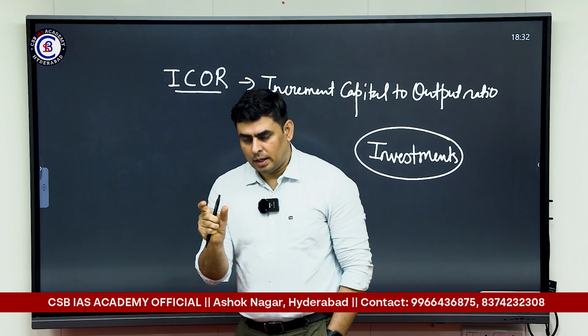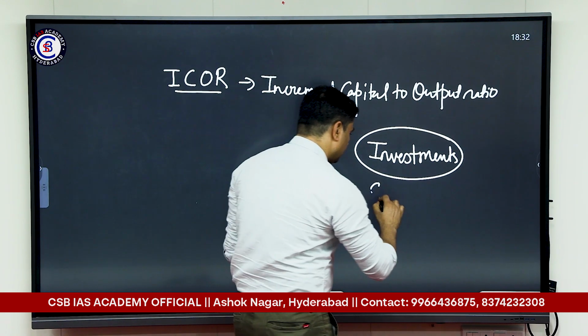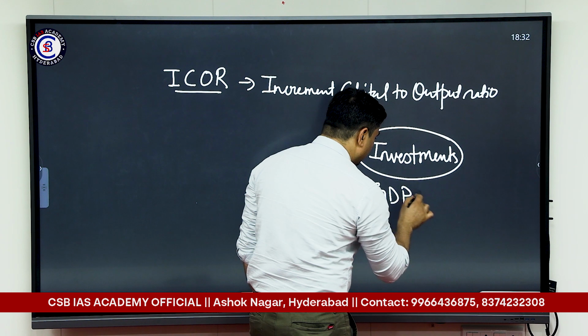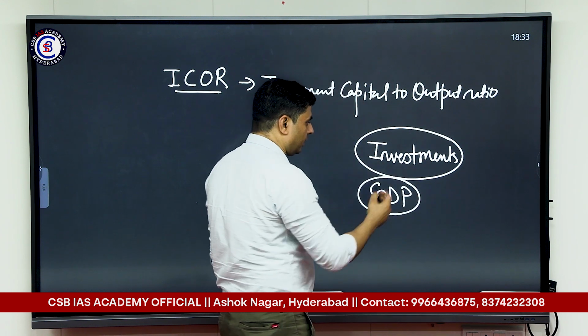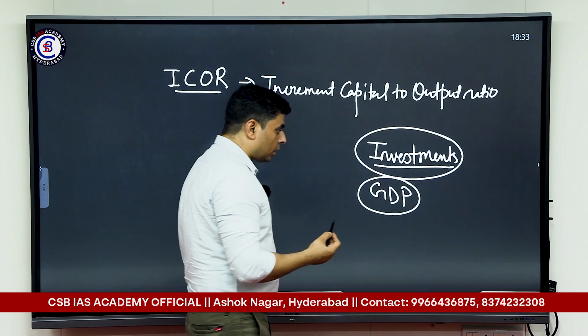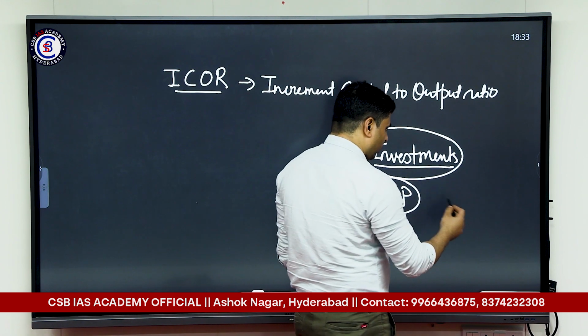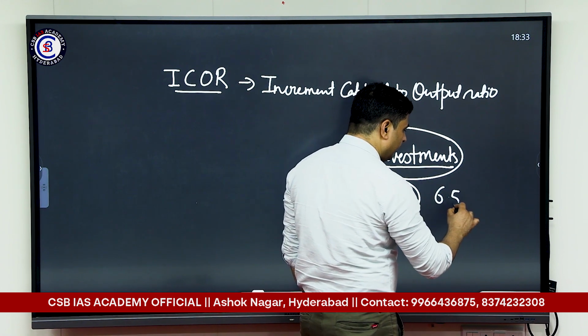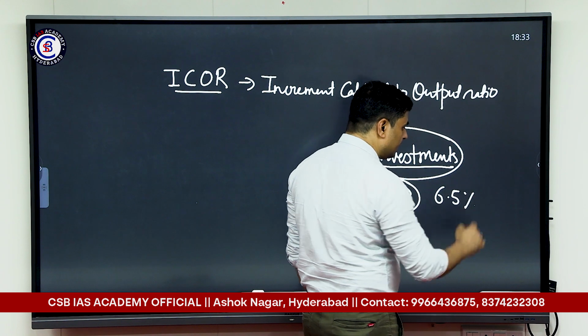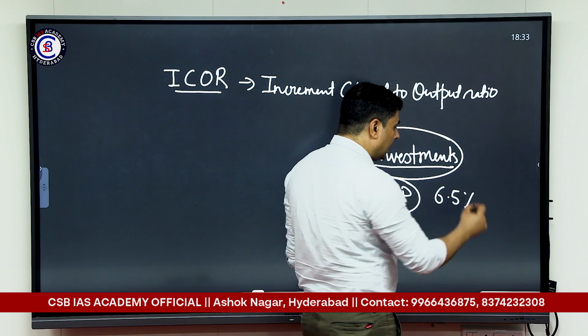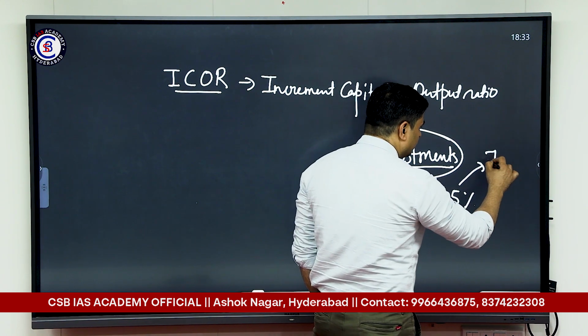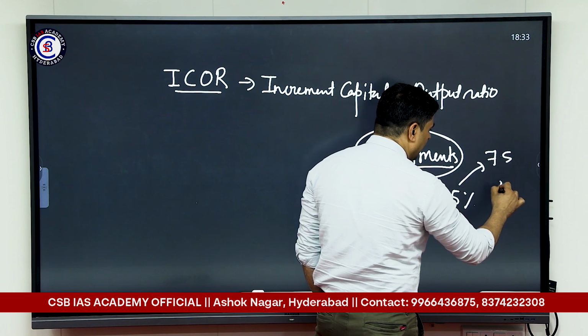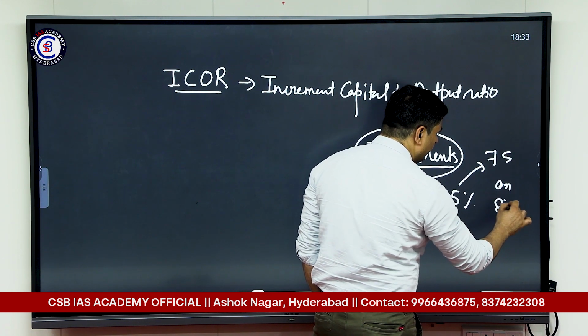So, how is the GDP growth rate related to the factor of investment? Suppose a country has a 6.5% GDP growth rate and wants to achieve 7 or 8% GDP growth rate.